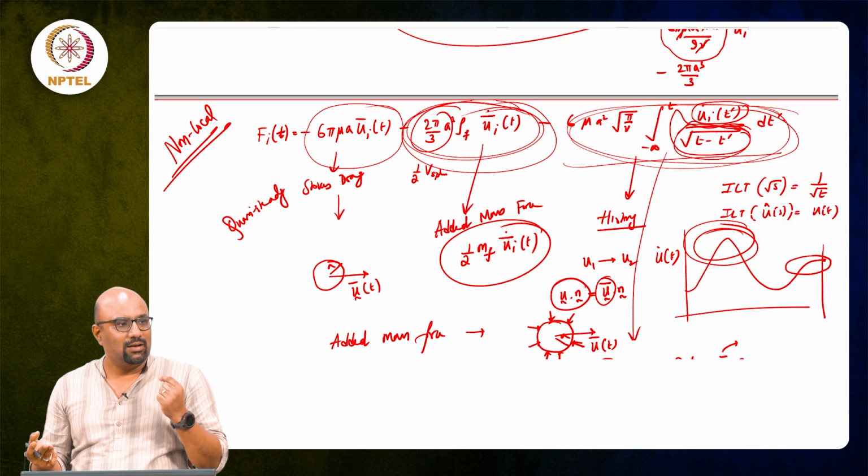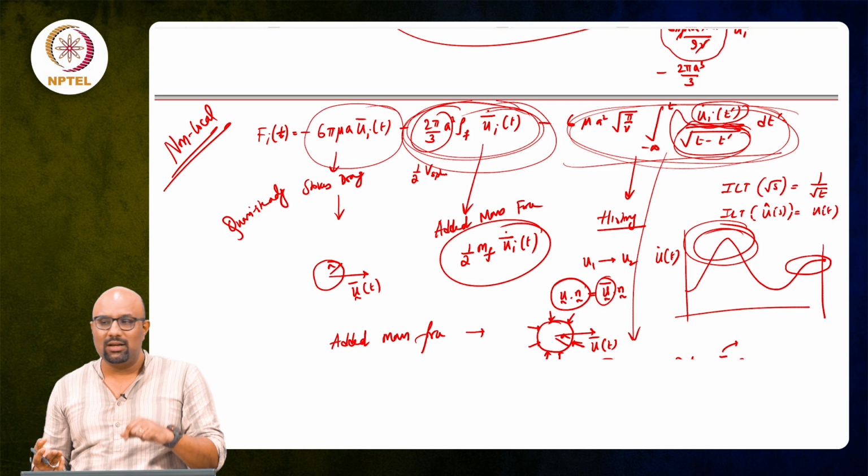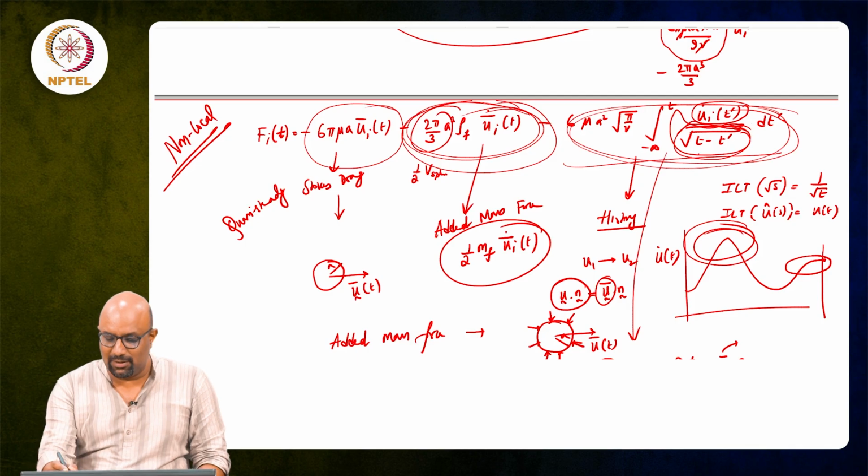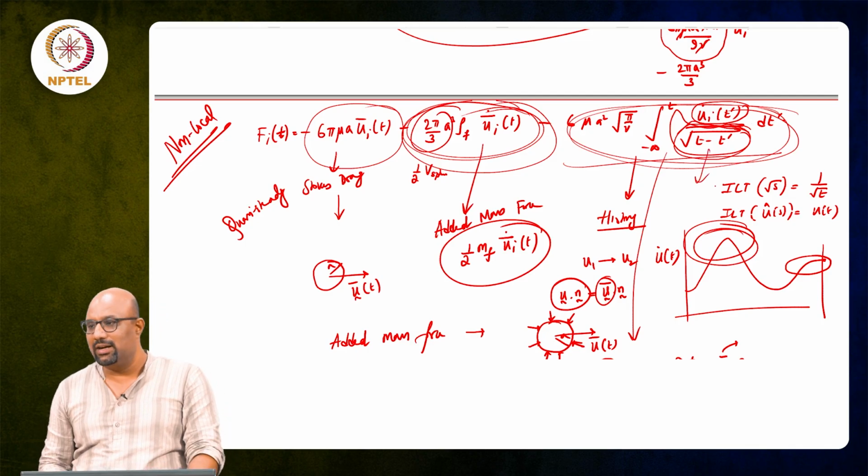So, it will be instantaneous, and thus the added mass effect is only dependent on the instantaneous acceleration. It is a local term, whereas the integral term that you have here is a non-local term.